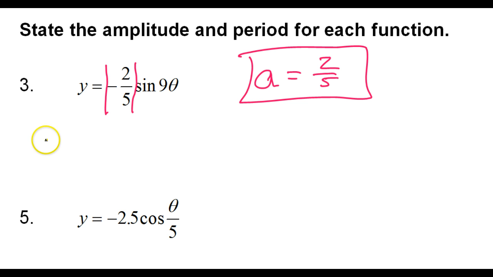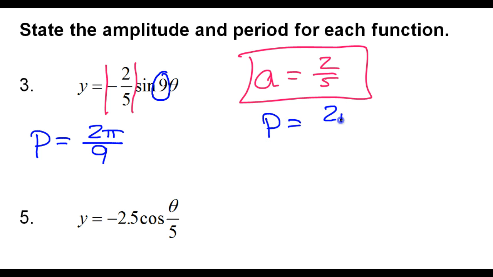Remember we have a formula for that. It's 2 pi divided by this b value. So in this case it's 2 pi over 9. Well, I guess that's really all there is to it. So the period is 2 pi over 9.